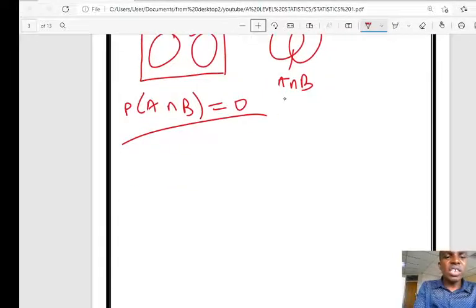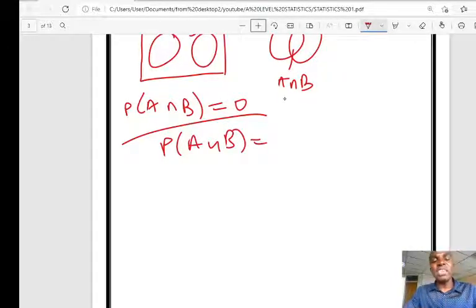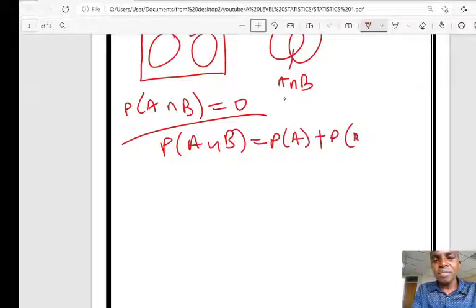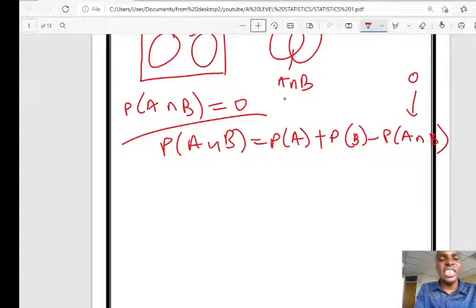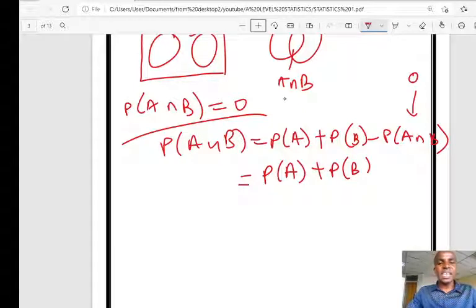We said based on combined events, probability of A union B is probability of A plus probability of B minus probability of A intersection B. Since mutually exclusive events don't have an intersection, probability of A union B will just become probability of A plus probability of B.